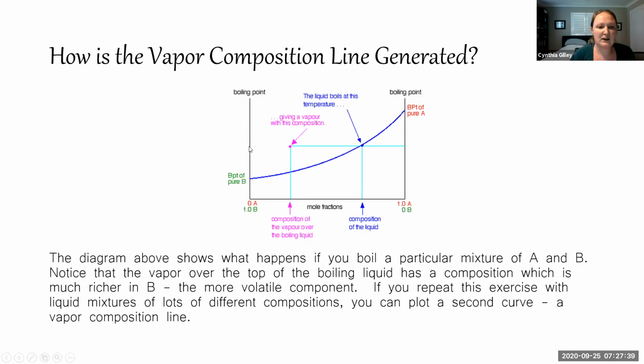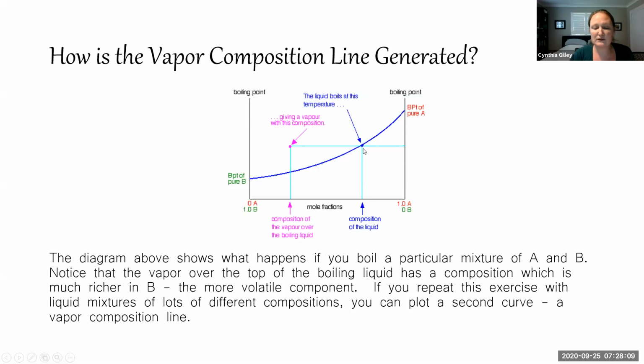So this line here corresponds to the actual composition of the vapor above the liquid when this particular liquid composition or mixture boils. You've taken a mixture of A and B, we're not saying exactly what it is, but it's at this point on the x-axis. You heat it up until it boils, and you know exactly what the composition of the liquid mixture is.